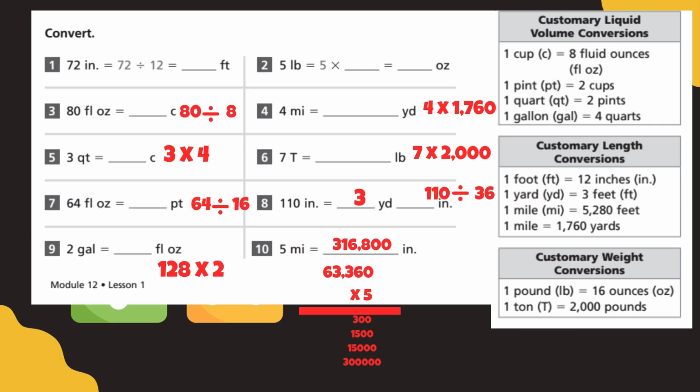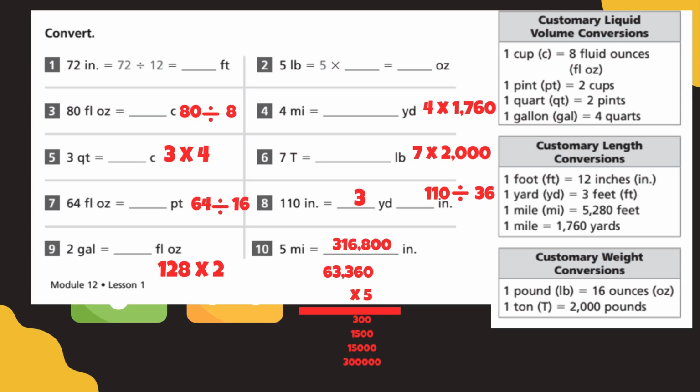Number 8, 110 inches equals 3 yards and how many inches? So I did half of the work for you. 110 divided by 36 equals 3. But what's left over, students? Multiply 36 times 3 to get your answer.